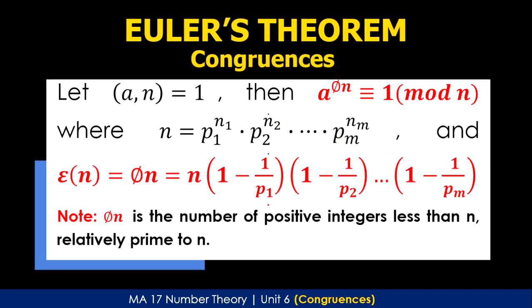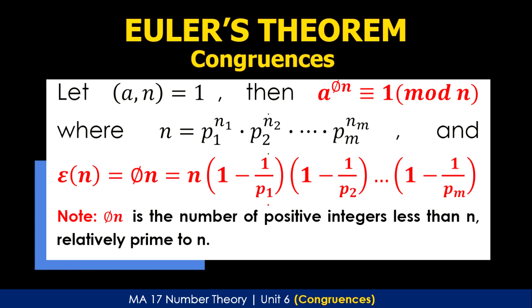Okay, so aside from Fermat's little theorem, let's try to utilize Euler's theorem. Here we have Euler's theorem, wherein we let the GCD of a and n be 1.